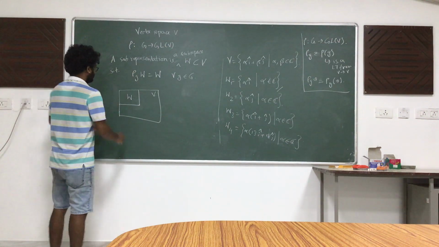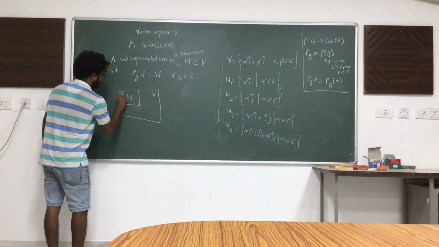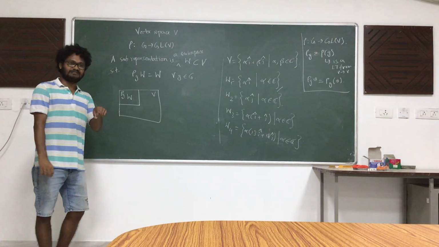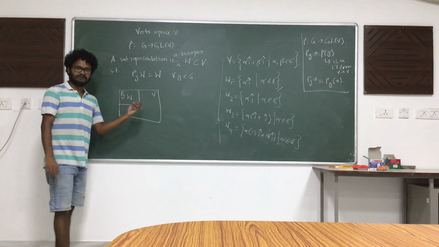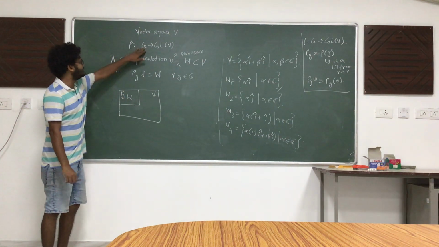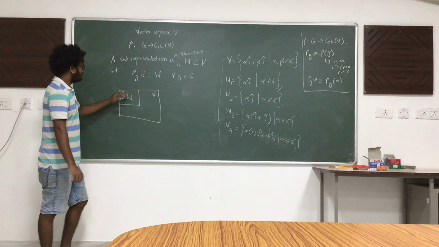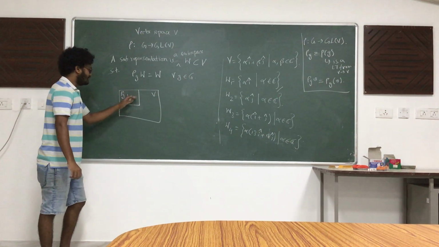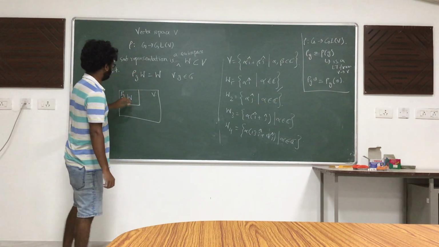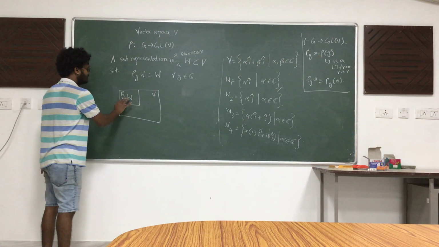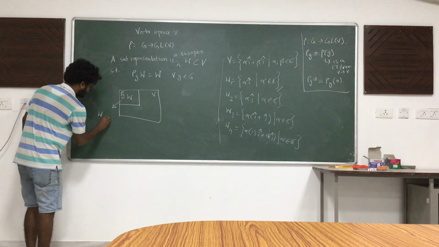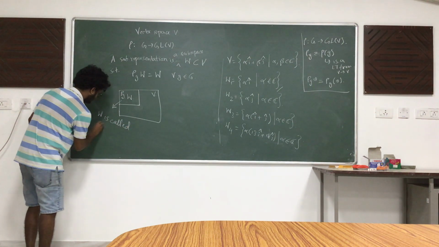And when rho of g acts on some vectors from W, it returns a vector from W itself. It does not go beyond W. But W is a subspace. And if this happens, the action of G keeps W stable. Then W is called a stable subspace.